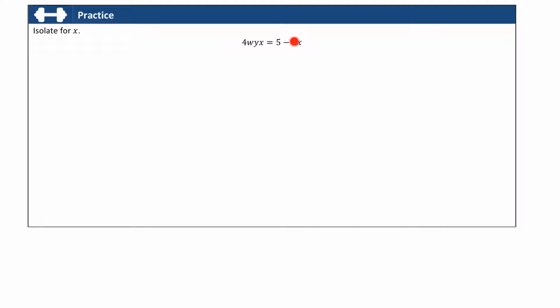So here I have the 3x on the right hand side, and I have another x on the left hand side. So let's move everything that has the x to the left hand side. This one doesn't have the x in there, so I'll just keep it on the right. So plus 3x on both sides, that will cancel out this term, and I'm left with 4wyx plus 3x is equal to 5.